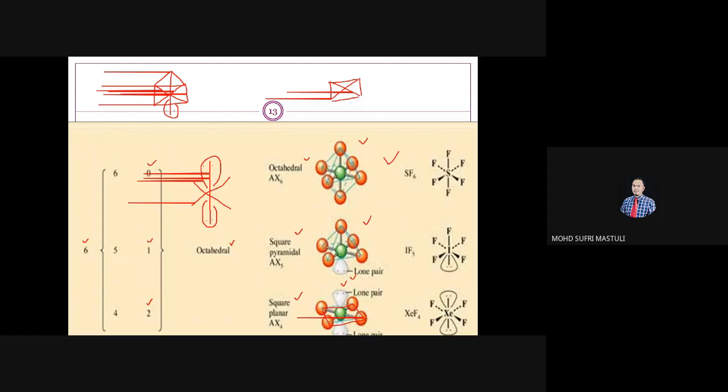So we are done with the molecular geometry. Remember, from the molecular formula, you have to draw the Lewis structure, and then you have to count the electron domain, bonding pair plus lone pair, and then you have to decide what is the electron domain geometry.